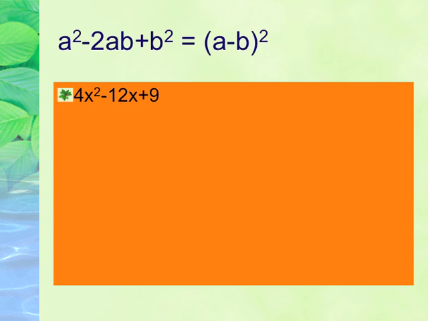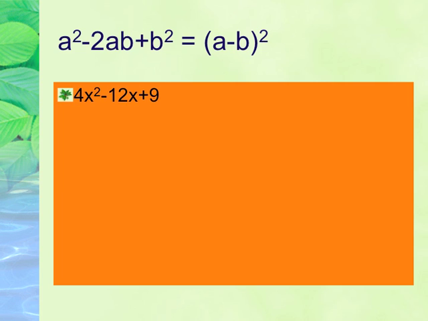Let's try another one of our patterns, (a minus b) squared. What's shown here is an expression 4x squared minus 12x plus 9. The only thing that's different here is that in the previous example, we had 4x squared plus 12x plus 9. So one number has a different sign.